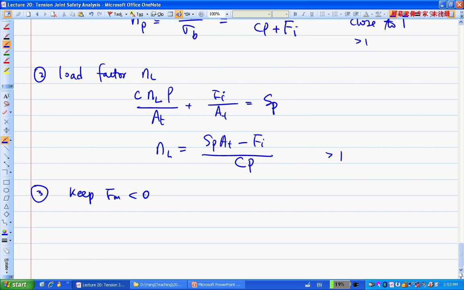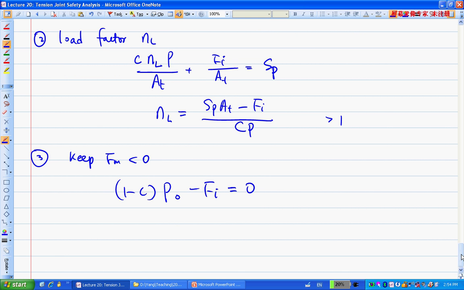Okay. So let's just suppose that this here is Fm, right? So we call P naught a particular value at which your Fm is 0. So we can calculate what is basically the external force or external load P naught that caused the separation.